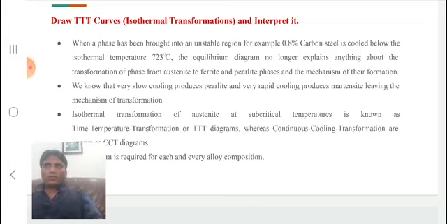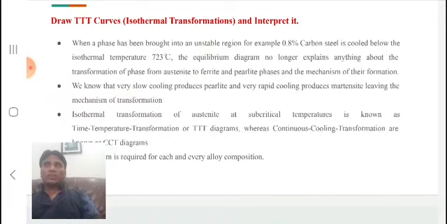And isothermal transformation of austenite at subcritical temperatures is known as time temperature transformation or TTT curves. We know that very slow cooling produces pearlite and very rapid cooling produces martensite.